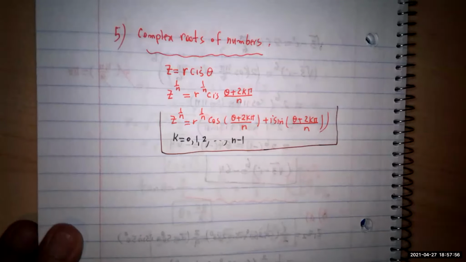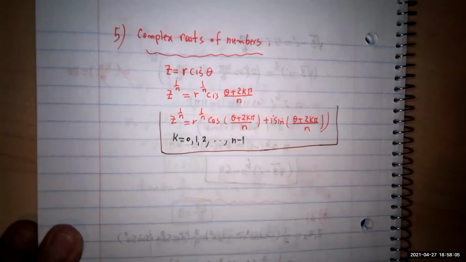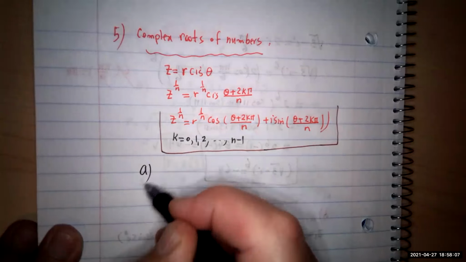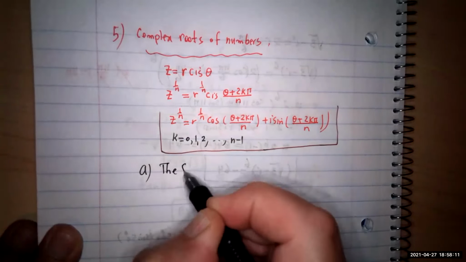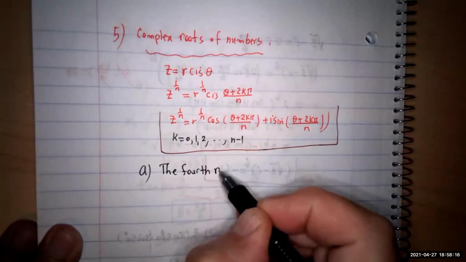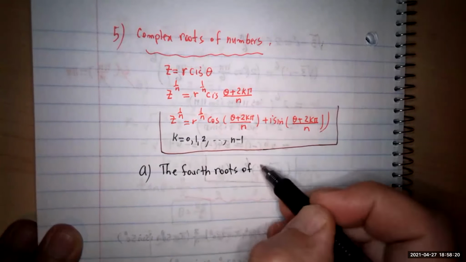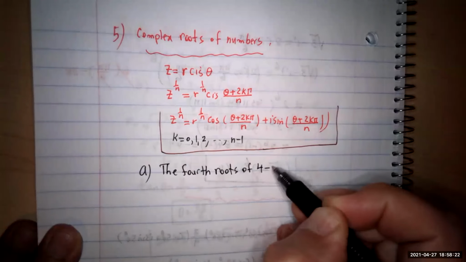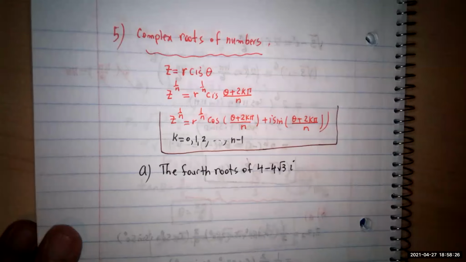In this problem, number 5, part 1, they ask you for the 4th roots of 4 minus 4 radical 3 i.